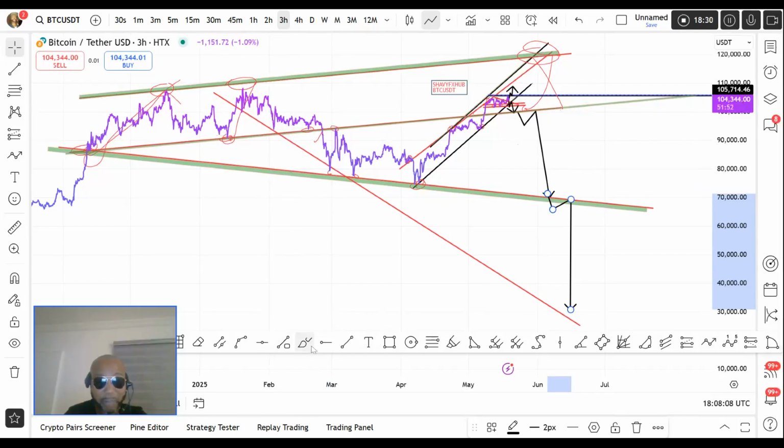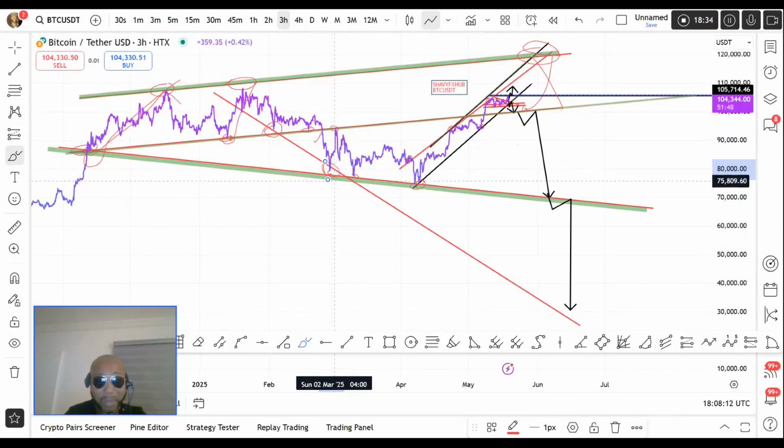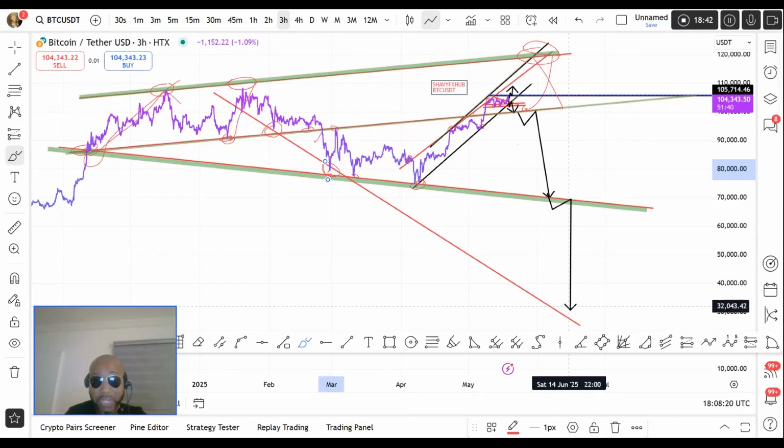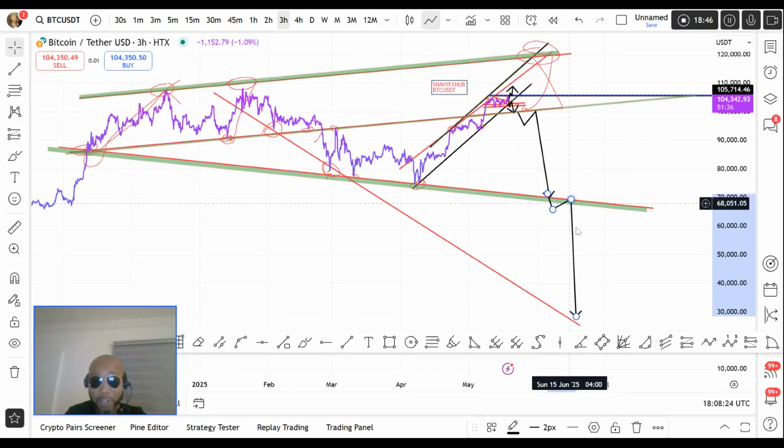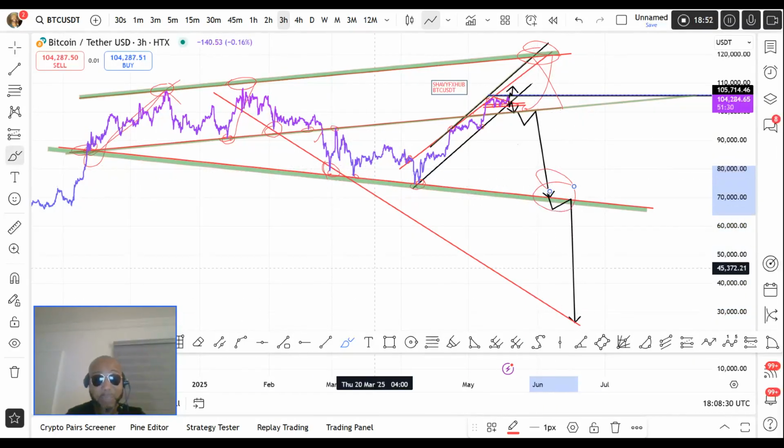And you can see if that happens, price created here a demand floor, price created here a demand floor, and it couldn't move back up because it was stopped by another descending trend line structure here. So if it breaks away this structure, it will bring this price to a point that people will not believe. That's around 27K. So there is a structure at this level also that you must keep in mind.